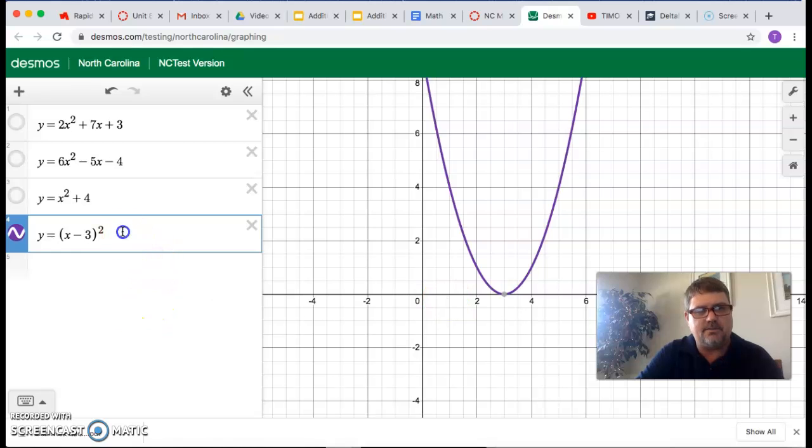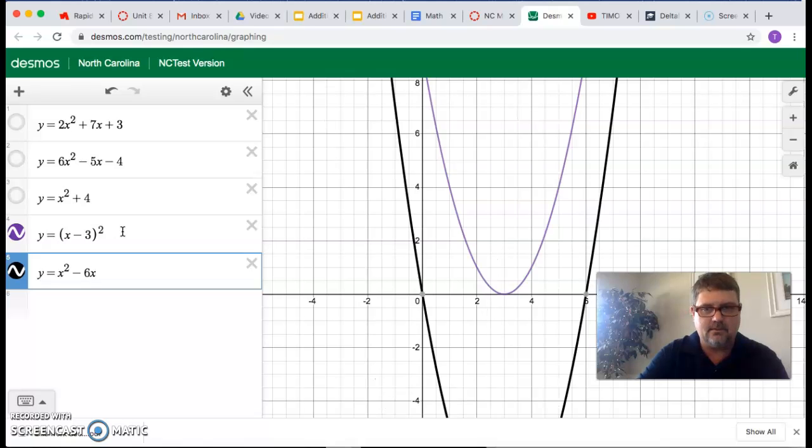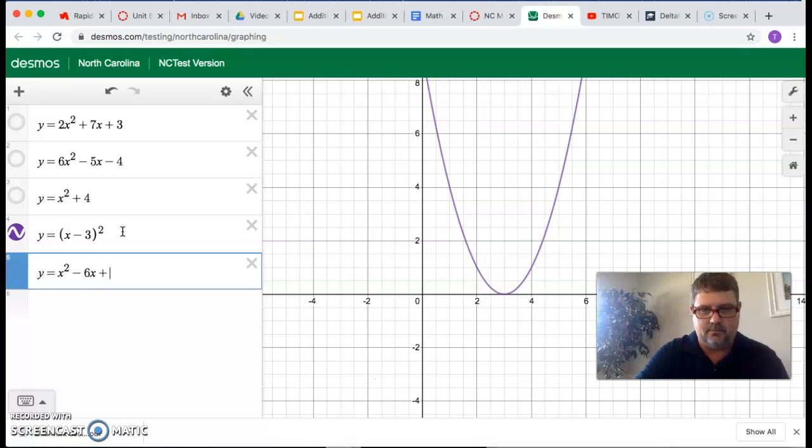Now, just to show you, if you were to multiply that out, you would have x squared minus 6x plus 9. Notice they're exactly the same graph. This one's in its factored form, which we'll talk about in another video, but it's not all that obvious that it doesn't have but one real solution when it's in standard form.